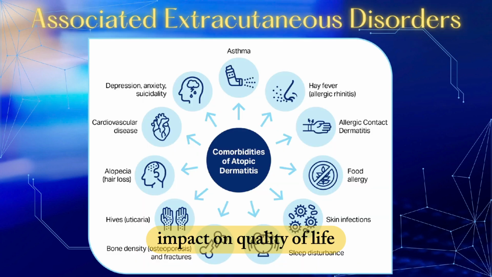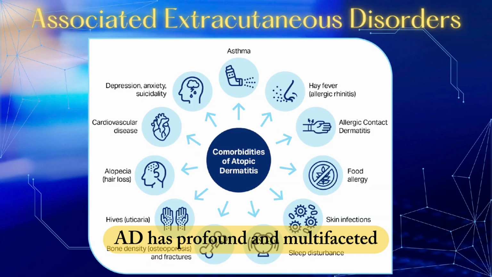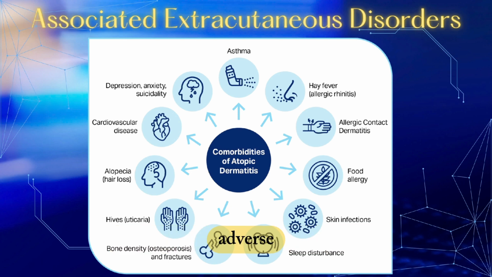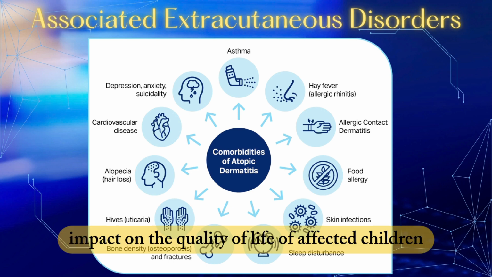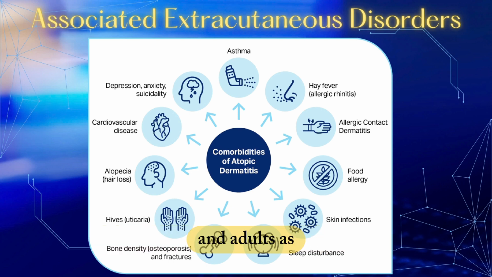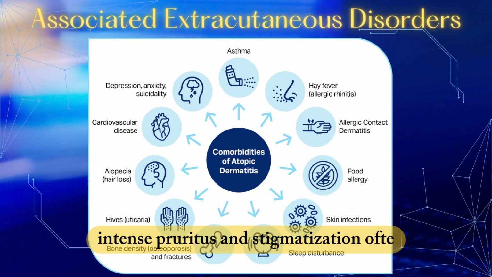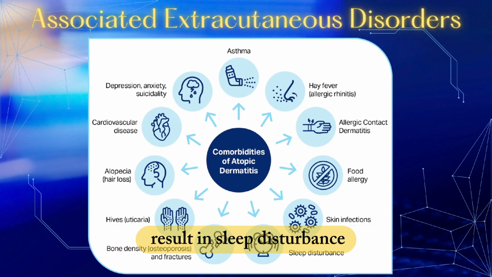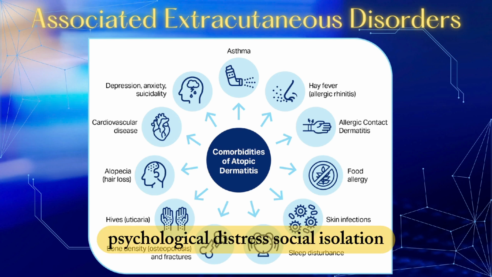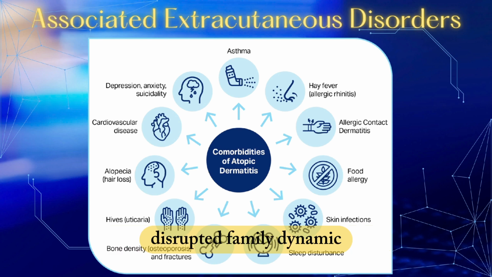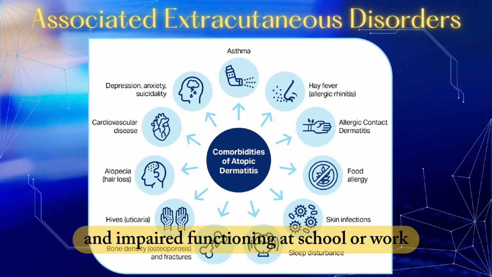Impact on quality of life. AD has a profound and multifaceted adverse impact on the quality of life of affected children and adults as well as their families and caregivers. Intense pruritus and stigmatization often result in sleep disturbance, psychological distress, social isolation, disrupted family dynamics, and impaired functioning at school or work.